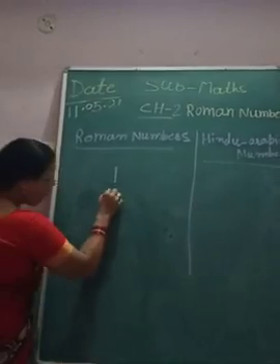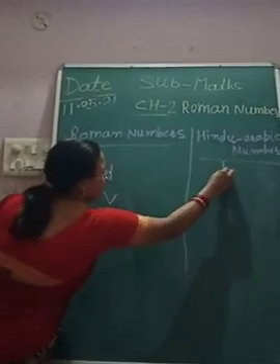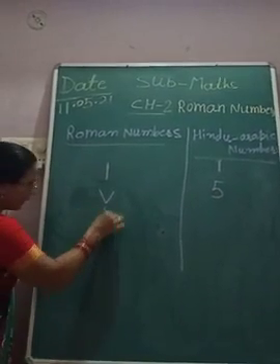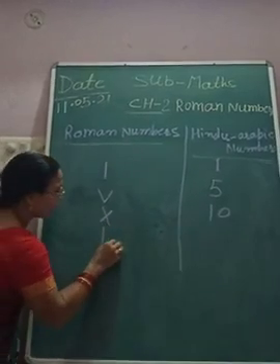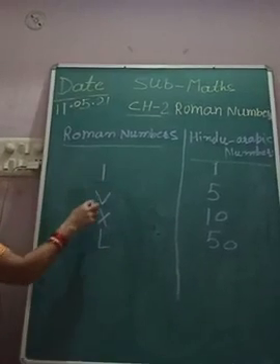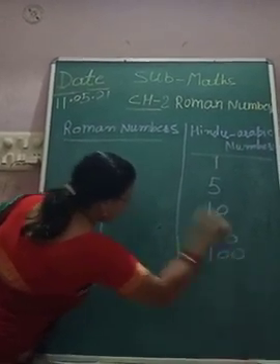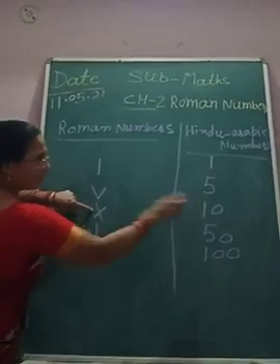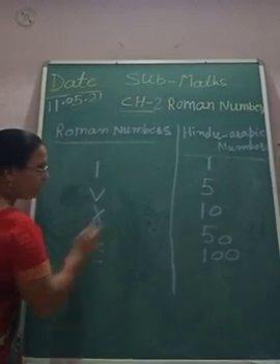After that, this one is 1. Then you have to write this symbol of 5, V. After that, the third symbol is 10, X. Then the fourth symbol is L. When you say L, it means 50.